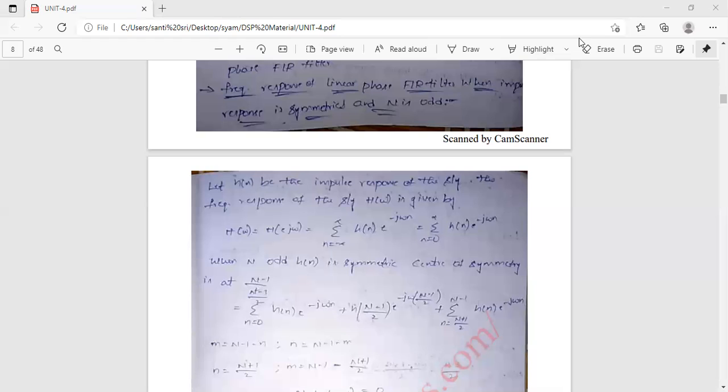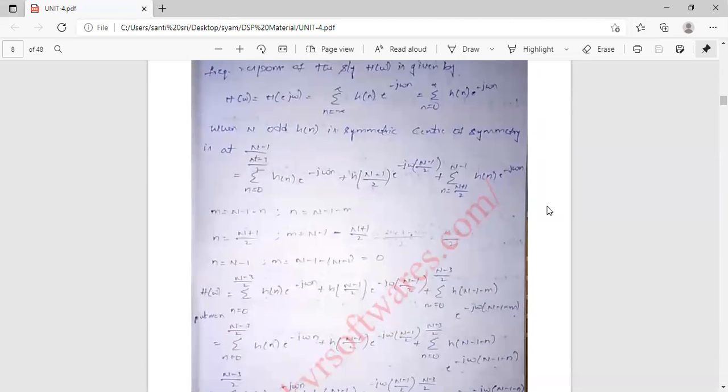Here let m equal to N minus 1 minus n, so that n becomes N minus 1 minus m. When small n equals (N plus 1) by 2, m will become N minus 1 minus (N plus 1) by 2. If small n is N minus 1, then m becomes N minus 1 minus (N minus 1), that is 0.